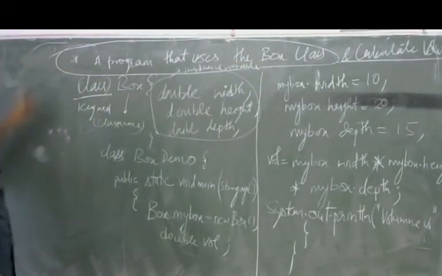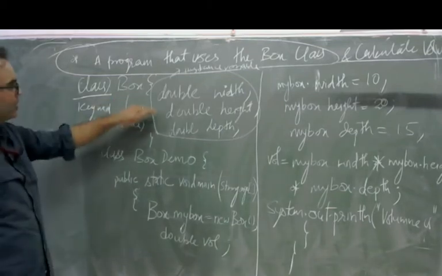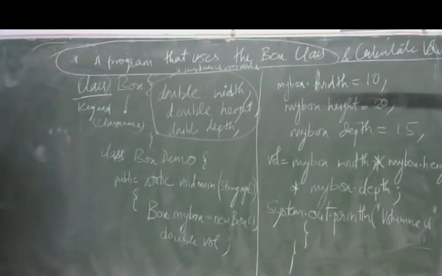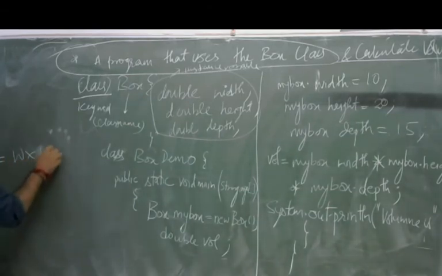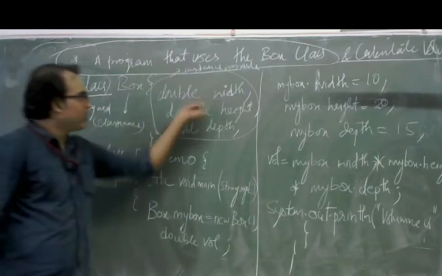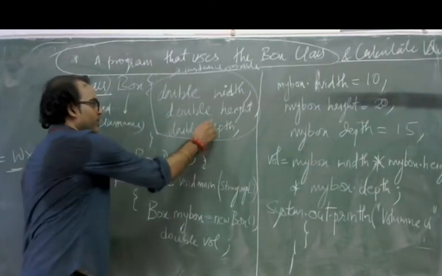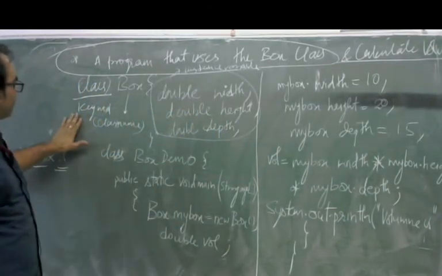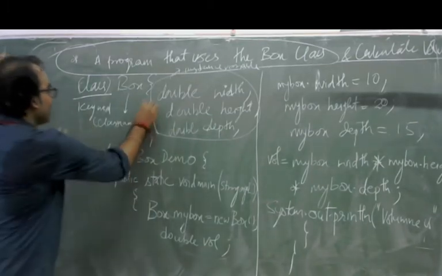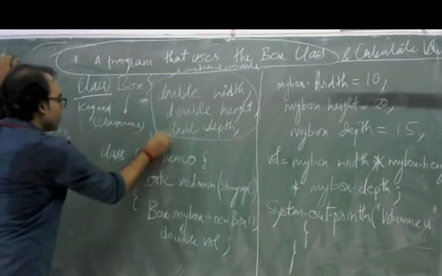Now in this class: double width, double height, double depth, because in our formula of the volume we have width cross height cross depth. Understand this. So we define double width, double height, double depth. Now we initialize this class from here and close this class here.